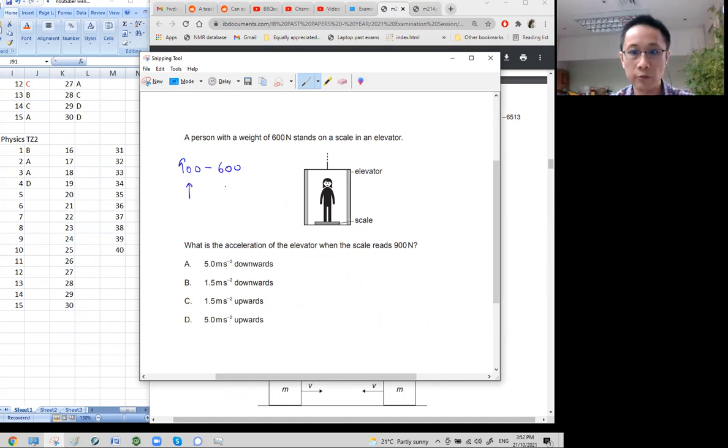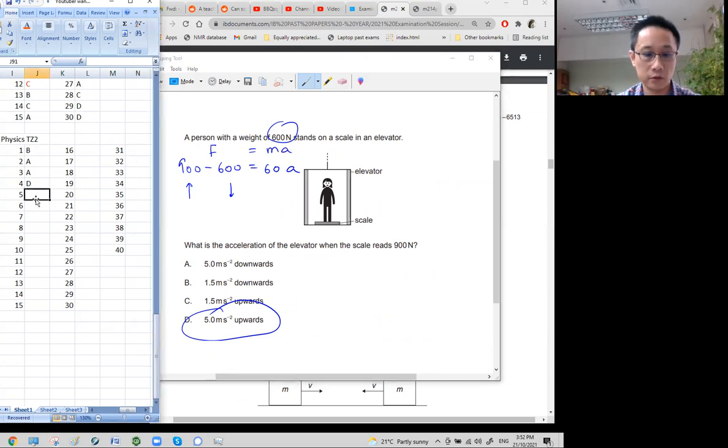So the up force minus the down force would represent the resultant force acting on the person. And now this is the time to use F equals ma. But the mass of the person can be inferred to be just 600 divided by 10, which is 60. Therefore, the acceleration should be 300 divided by 60, which is 5. And then because the support force is stronger than the weight, you can infer that the acceleration must be upwards.